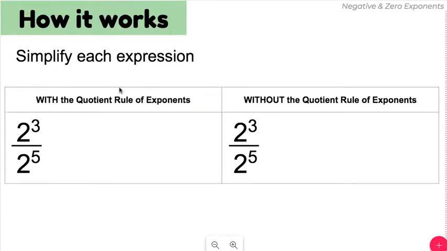We're going to simplify this expression 2 ways, just like we did before. Let's simplify with the quotient rule. So that means if I'm dividing with the same base, I keep the base and I subtract my exponents.